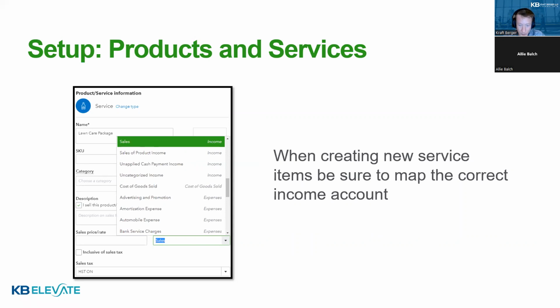If you've got multiple areas of your division or business that you want to track income for, make sure that the services that you sell tie to those income accounts, because when you open your profit and loss statement, all of the invoiced amounts are going to flow through to that particular area. And then make sure that you've got the appropriate sales tax if you're HST registered.